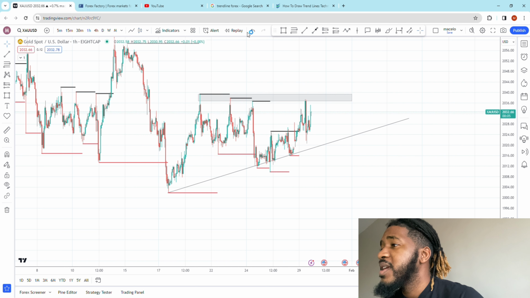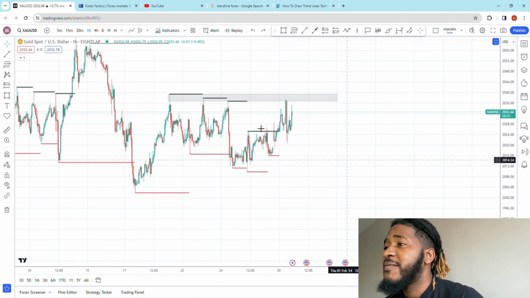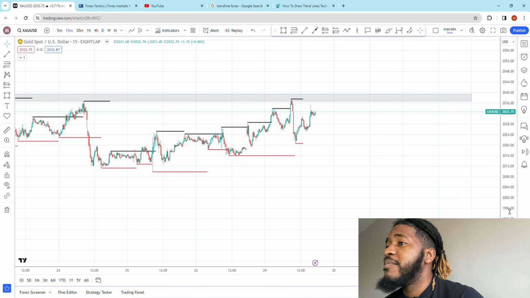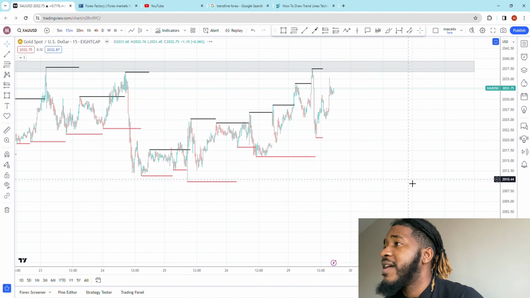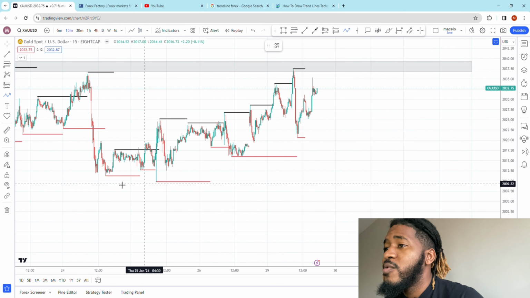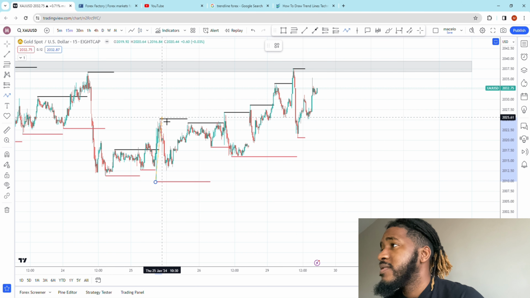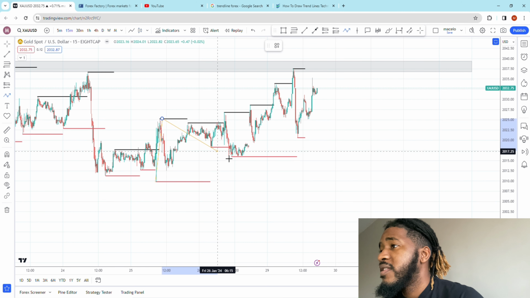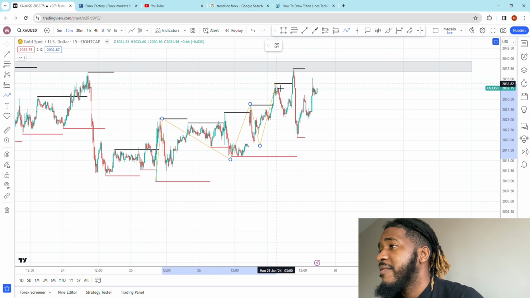But if I were to go on a smaller time frame, I can now see that on my 15-minute I have a low here, and I could even consider this right now a high. I have this low here, and I have this high, then I have this low here, I have this high, I have this low here.